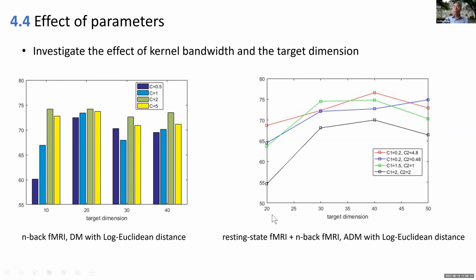And between dimensions 20 and 50, the difference is actually not quite significant. The left one is for the n-back memory fMRI task. The right one is the classification accuracy using both the resting state and n-back fMRI tasks.